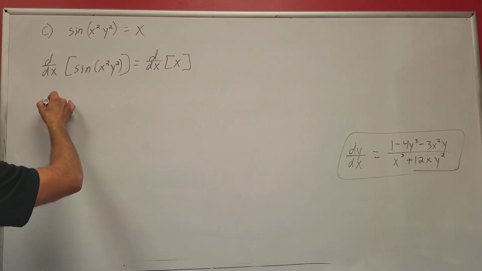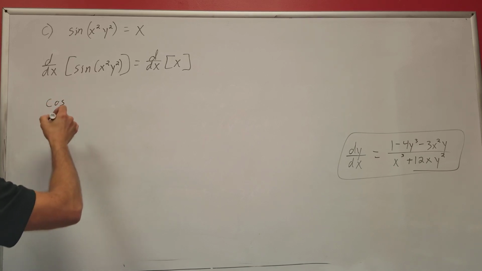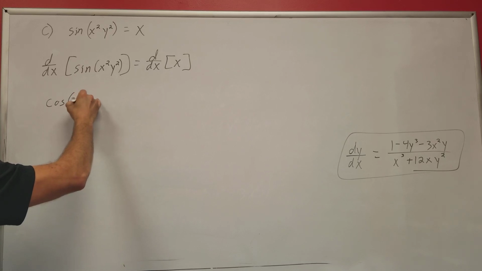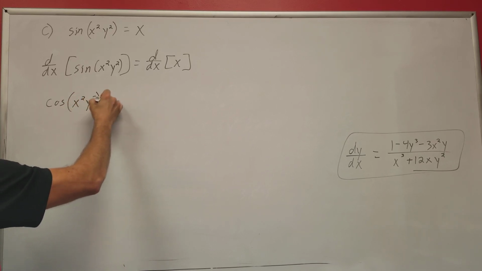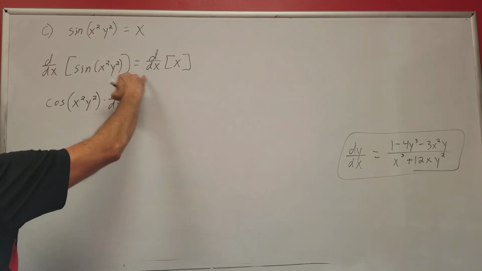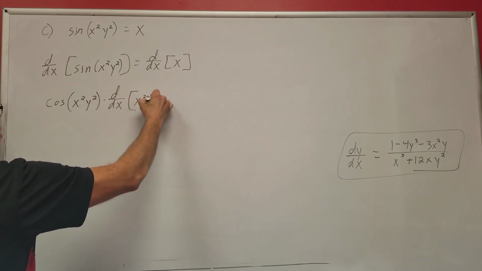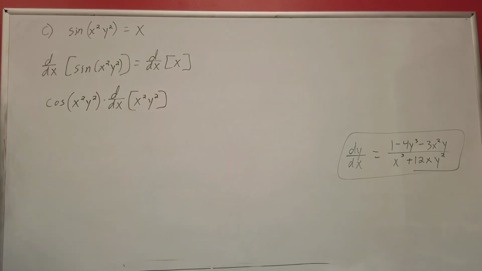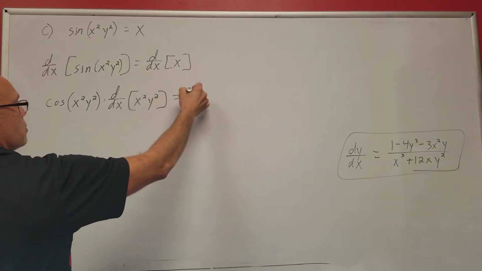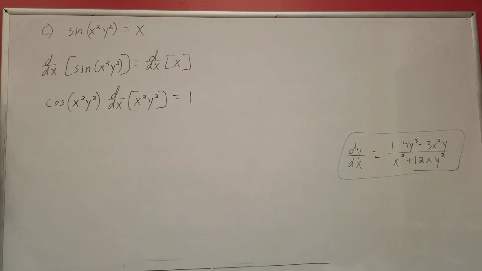Derivative of the outside. What's the derivative of sine? Cosine. At the inside, so bring down this inside right here, x squared y squared, times the derivative of the inside, times the derivative of x squared y squared, is equal to, what's the derivative of x with respect to x? Just 1.